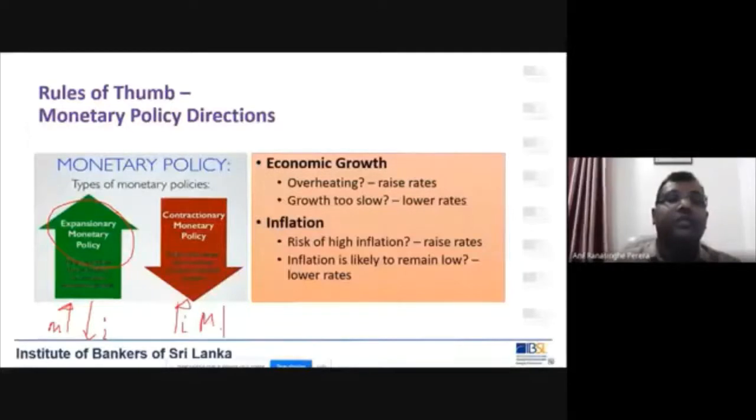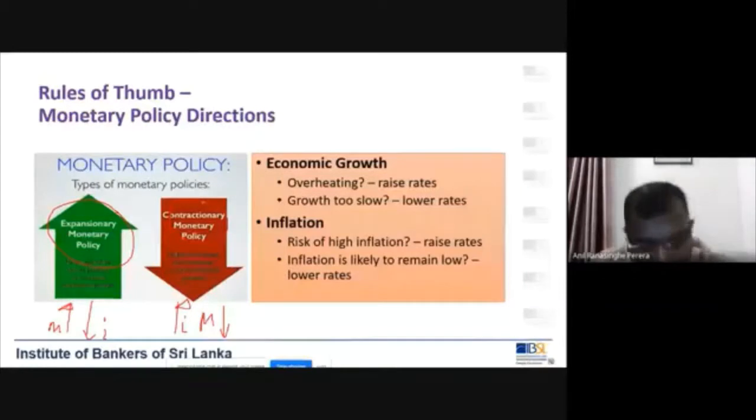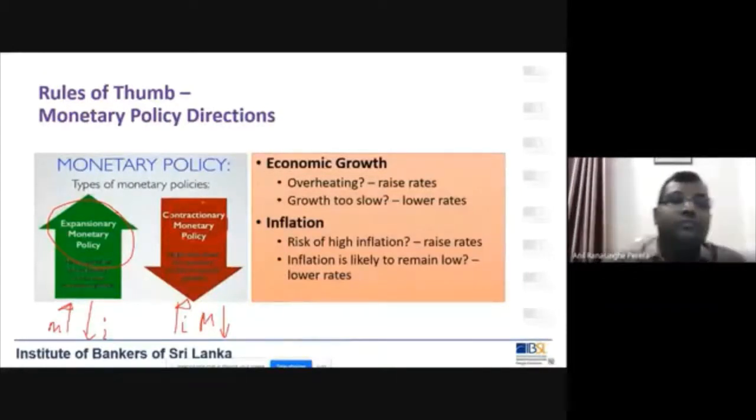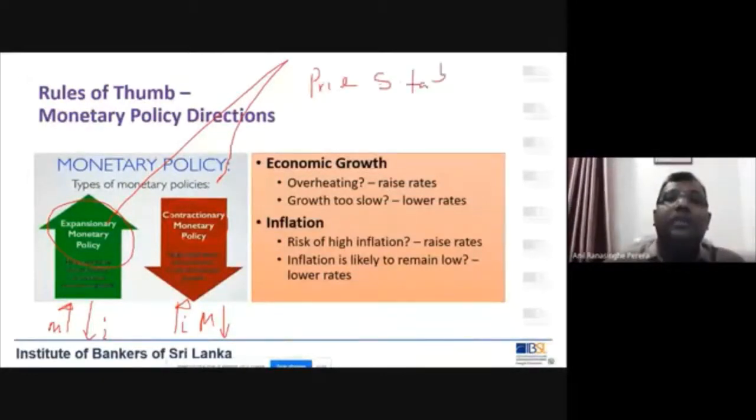That's how it works, expansion and contraction. Expansion means you are giving support to the economy. Contraction means you are trying to restrict the economic activity. Both are important for price stability.